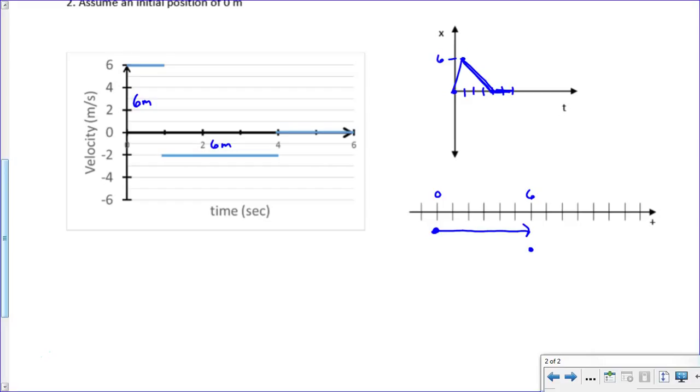And then it's going to go negative 2 meters per second, 3 seconds. And then it stops for 2 seconds. All right, and then we're done.